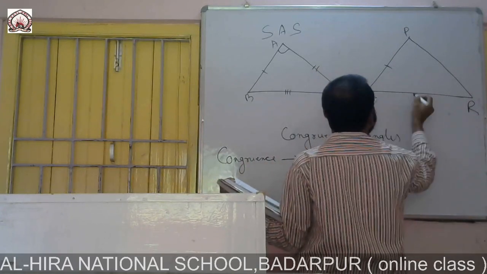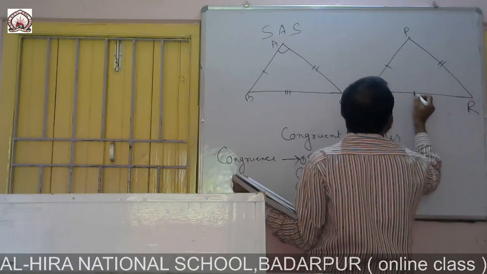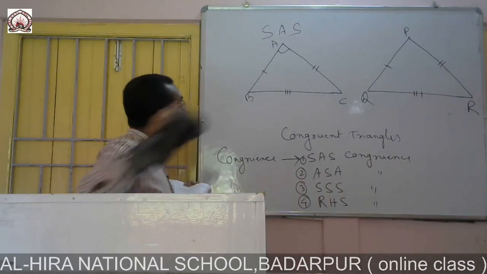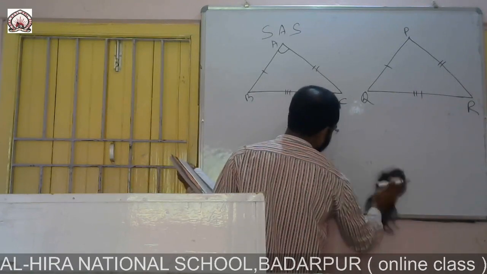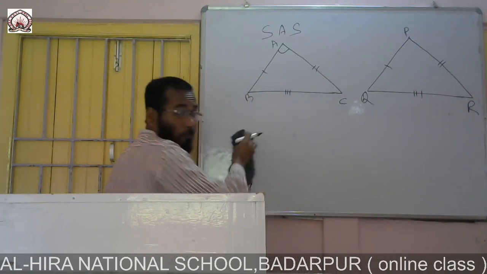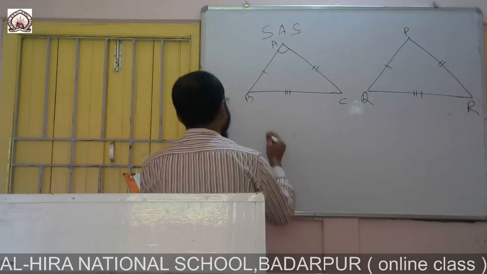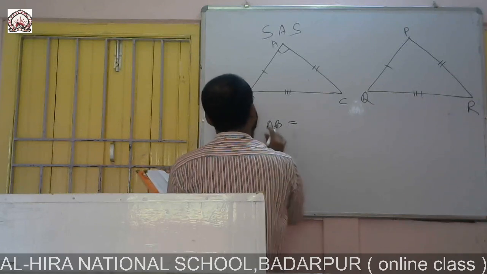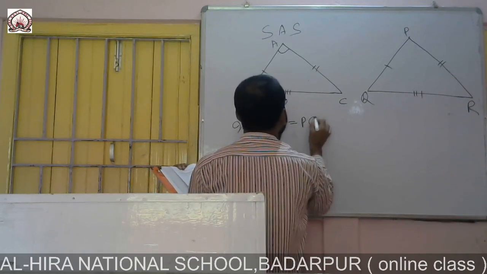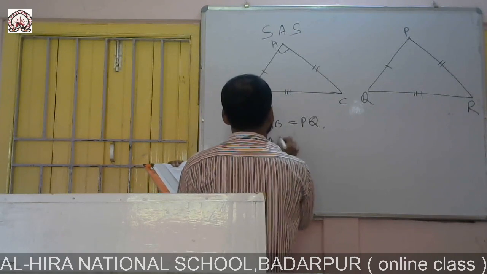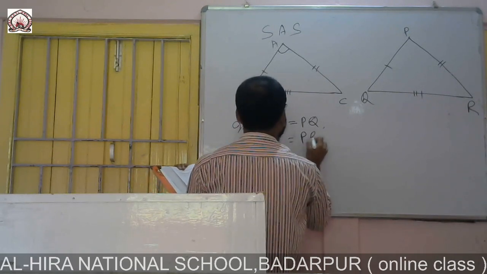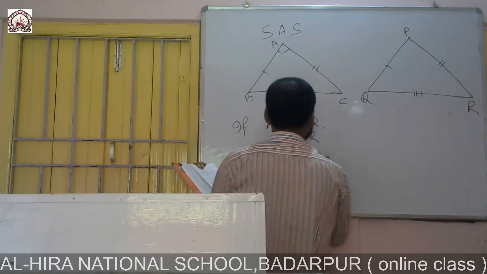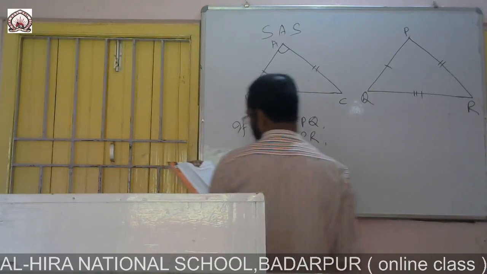Always focus on the diagram. If AB is equal to PQ and AC is equal to PR and CB is equal to RQ, those are 3 sides, and then 3 angles.